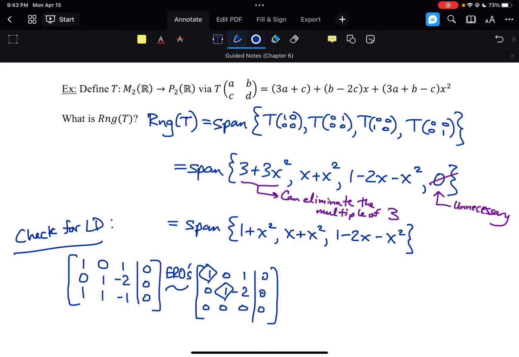So we get our pivots here, meaning this third vector is not necessary because we only have leading variables for the first and second columns. The third one can be written as a combination of the first two, so it's unnecessary. So the range of T is the span of 1 plus x squared and x plus x squared.